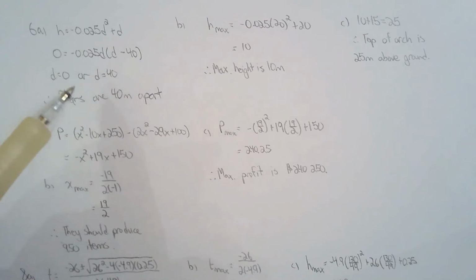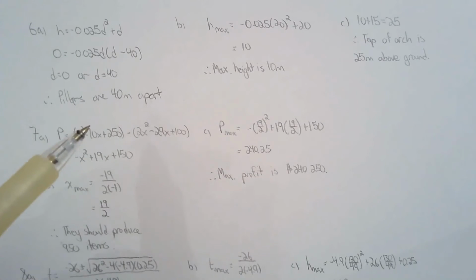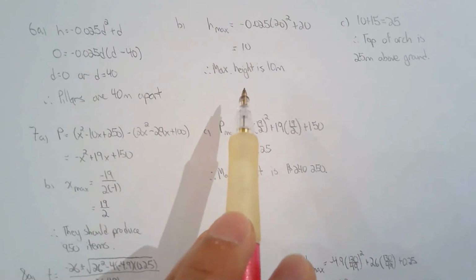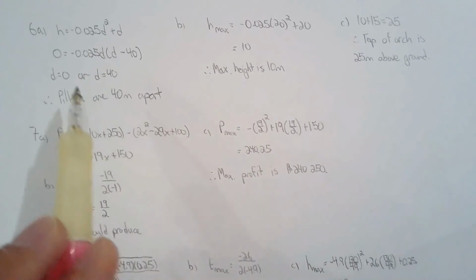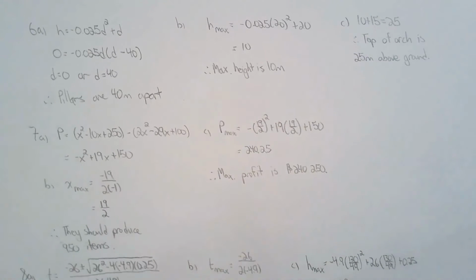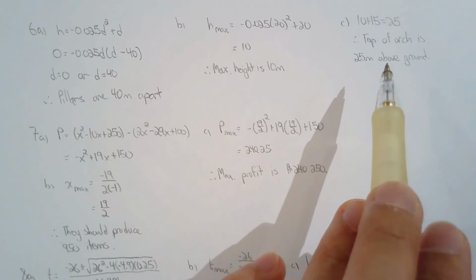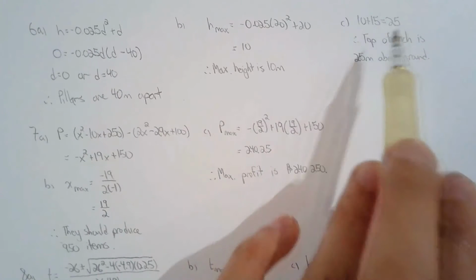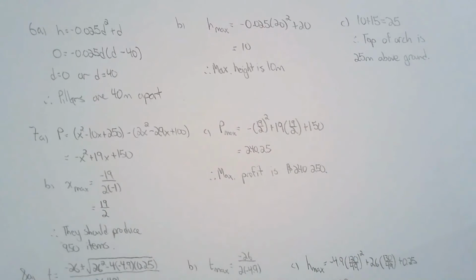Basically find the zeros of the quadratic relation, and those will tell you that the pillars are 40 meters apart. Now to find the max height, you can basically use the zeros and average them, and then you can find the maximum height, which is 10. Now since they say that the pillars are 15 meters tall, add the 15 to the 10 to find the top of the arch, which is 25 meters.